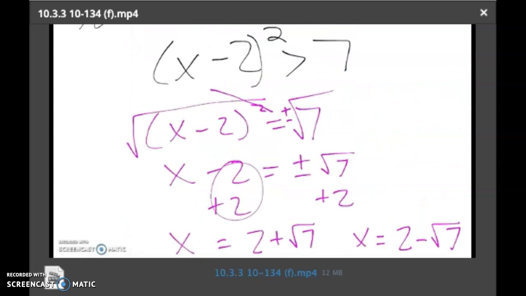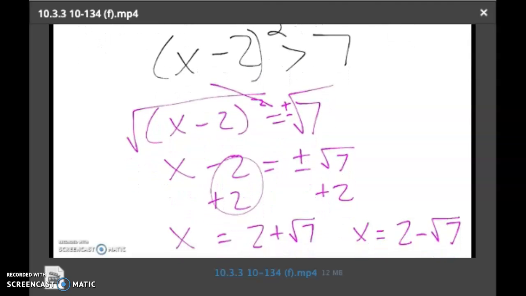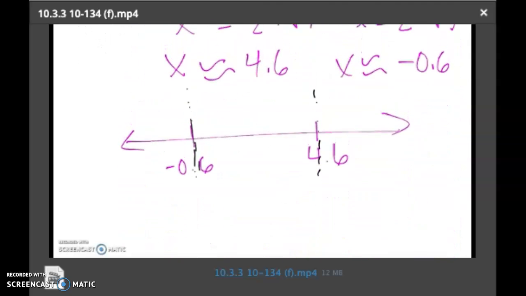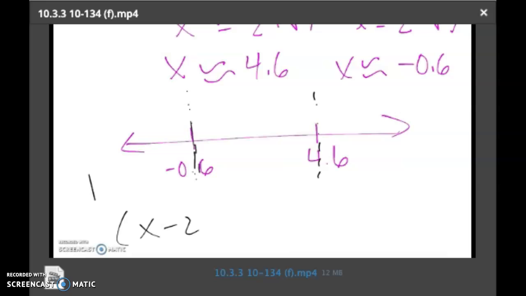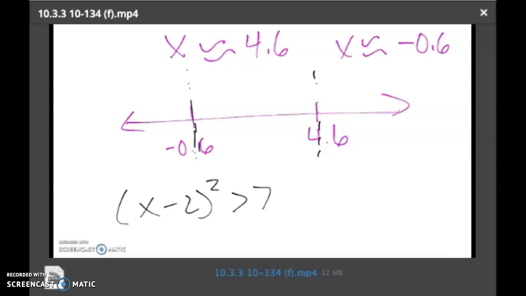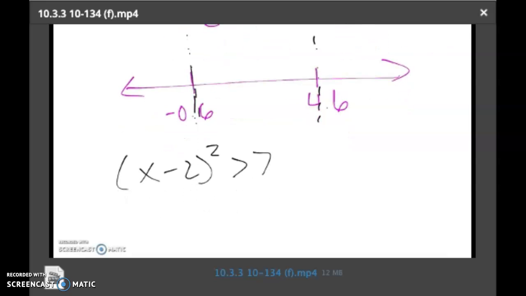So my original problem was x minus 2 quantity squared greater than 7. What I'm going to do is test a number that is less than negative 0.6. Let's do negative 1. I'm going to put negative 1 in for x and see what happens.